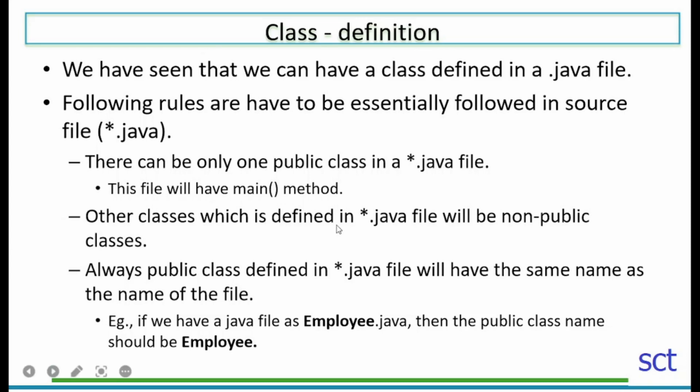Other classes defined in the .java file will be non-public classes only. The public class in the .java file will always have the same name as the name of the file. For example, if I have a public class employee, the name of the .java file will be employee.java.